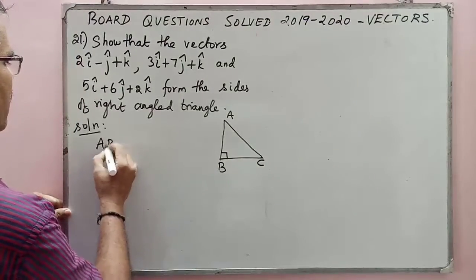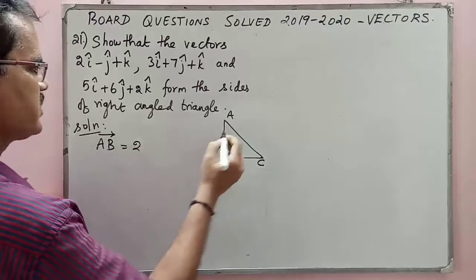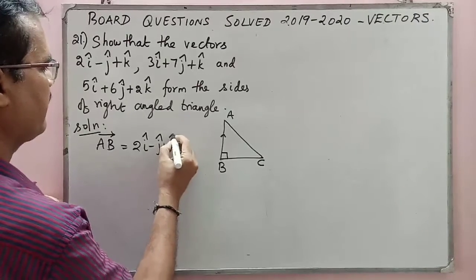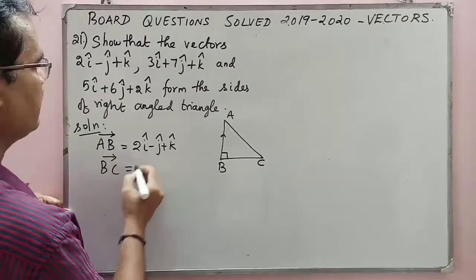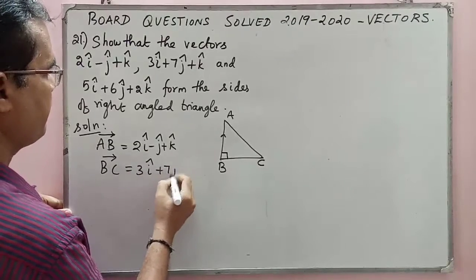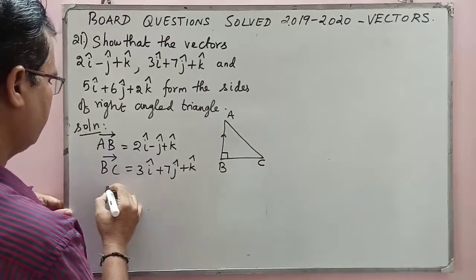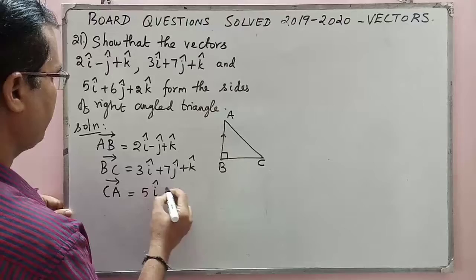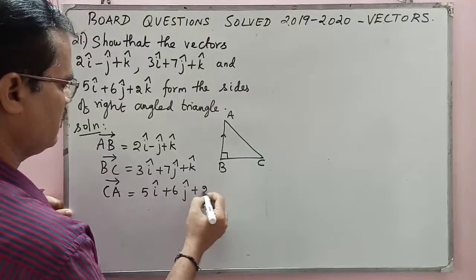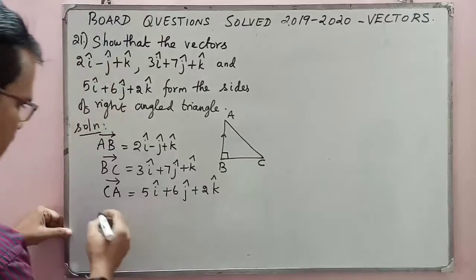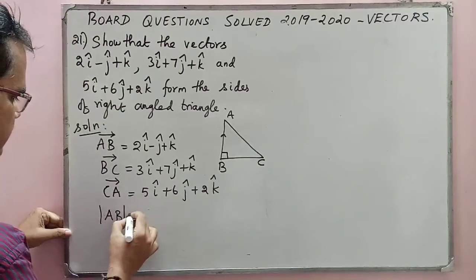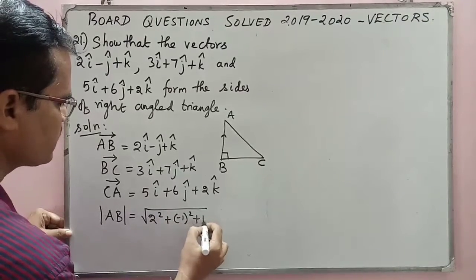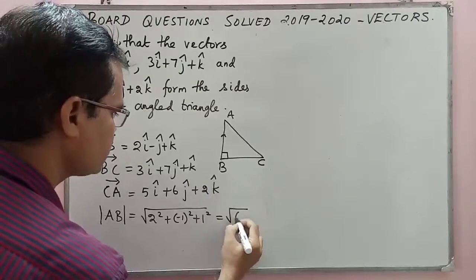Let us take one vector as one side of a triangle, AB vector. The second side as the second vector, and the third vector, AB, BC, CA. You can find the magnitude of the vectors. Root of 2 squared plus minus 1 squared plus 1 squared, which is root 6.